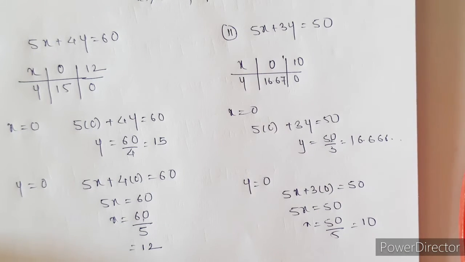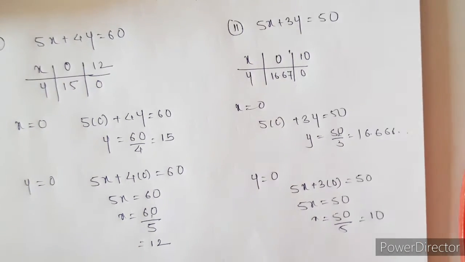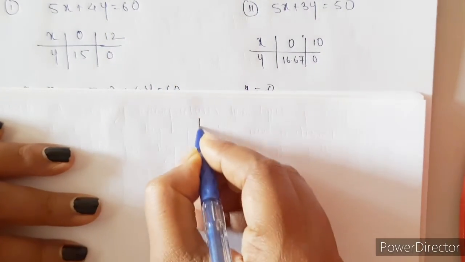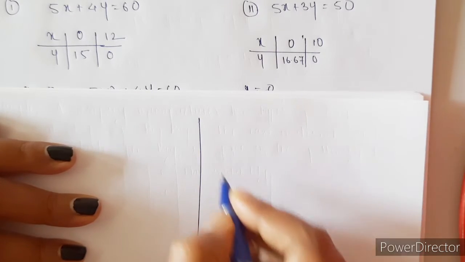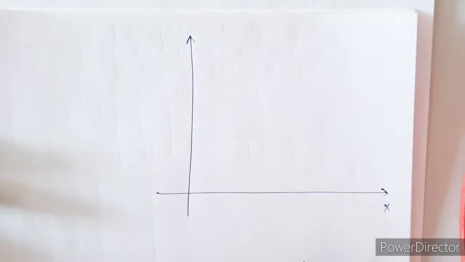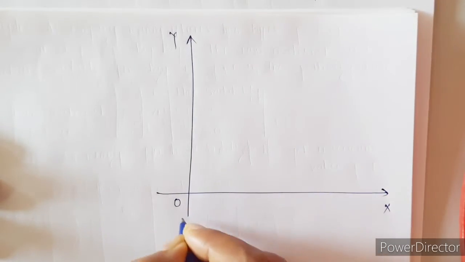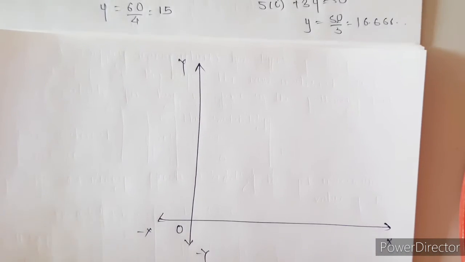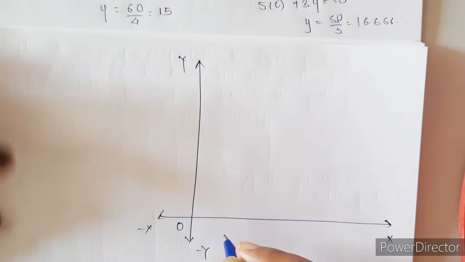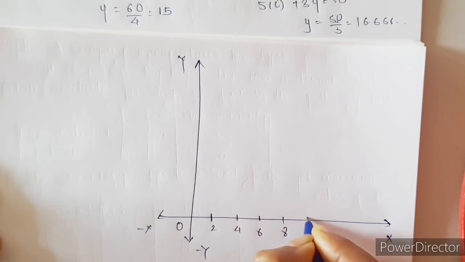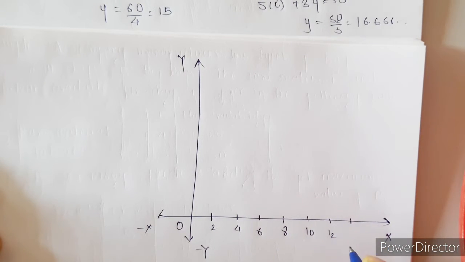Now next is plotting the graph. This is our x-axis, y-axis, origin, negative x, negative y. So I am taking interval of 2: 2, 4, 6, 8, 10, 12, 14, 16.